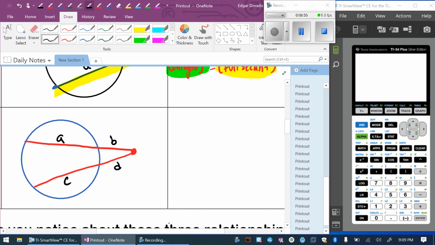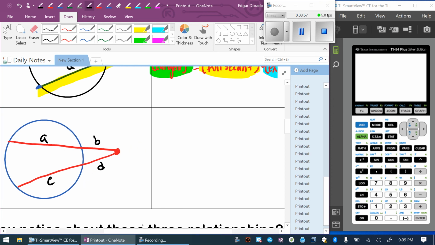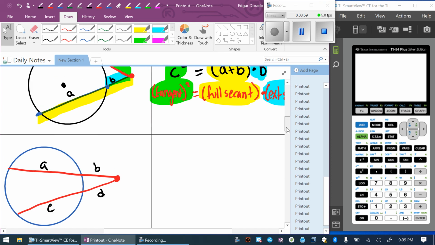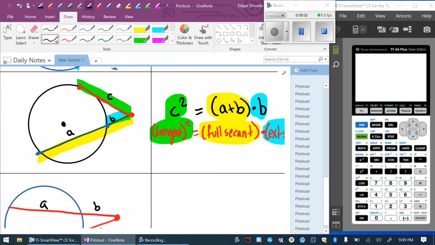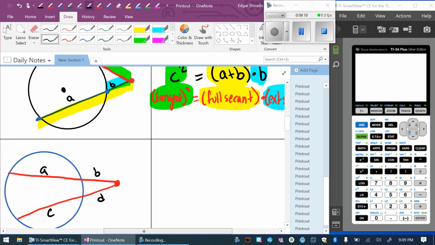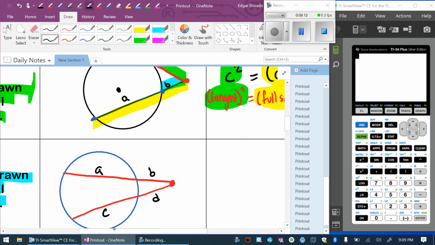Okay? And much like what we did up here, guys, if you look closely at the secant portion right there, what did I do? I multiplied the full secant times the external piece. So guess what? We're going to do the exact same thing here.